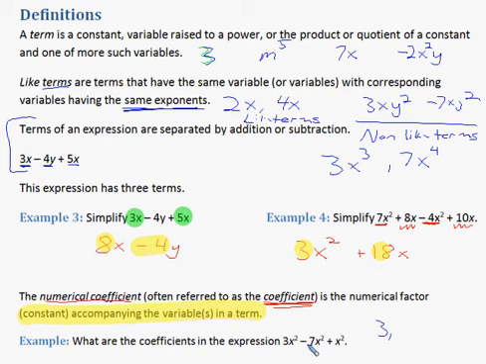So be careful of negatives. And the last one, there's no coefficient written there. If there's no coefficient written, it's understood as 1. So that's just 1x squared. Some folks like to put that 1 in there just to remind them that it is a 1x squared.